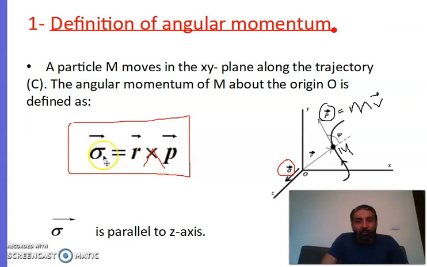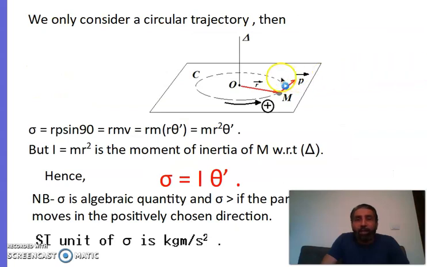You know this is a vector in general, and this vector sigma is perpendicular to both r and p, okay? But we said also in the last video we are going to confine our study only to circular trajectories, meaning a curve which lies in a plane. Clear?